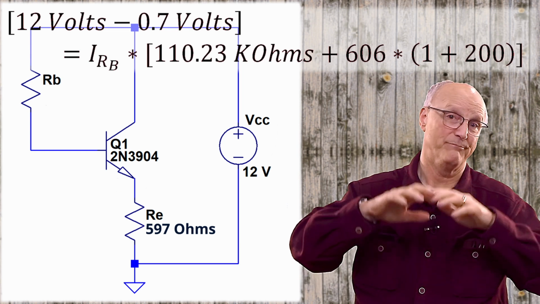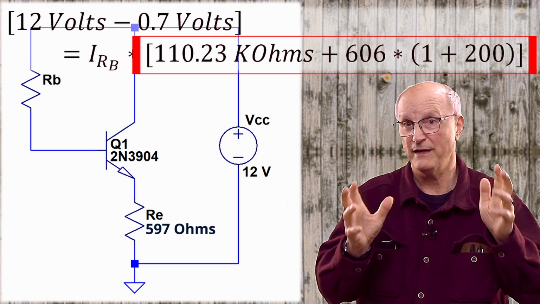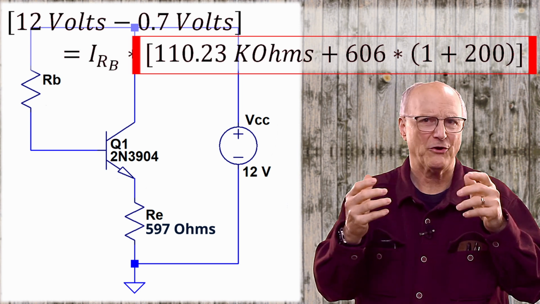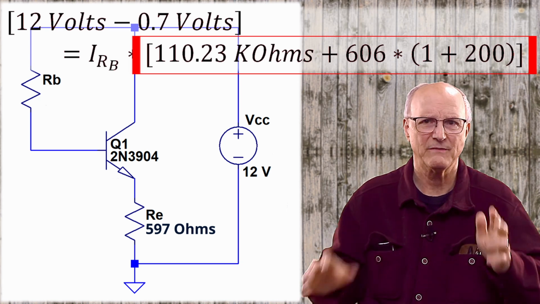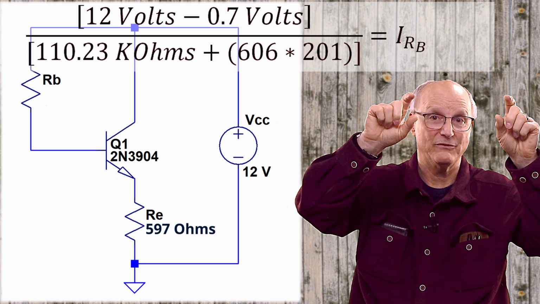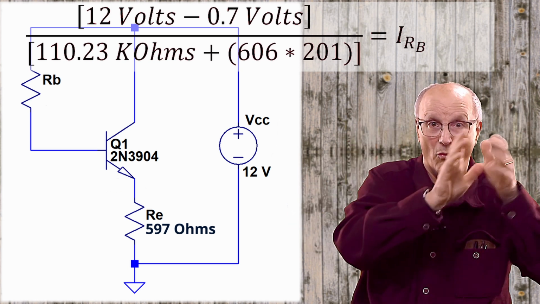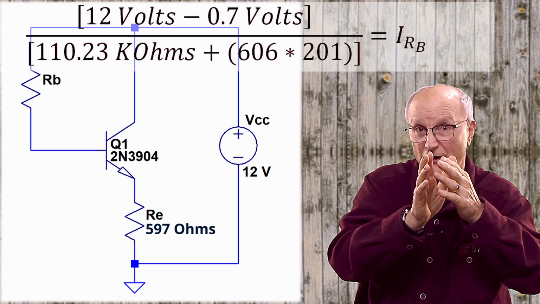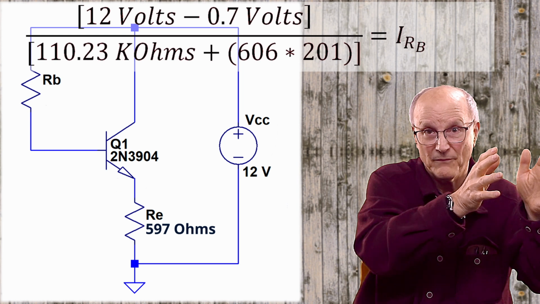Now I divide both sides by that big blob that's multiplying I sub RB, so I can get that current through the base resistor all by itself on one side of the equation. This gives me, on the top, 12 volts minus 0.7 volts. On the bottom, we have 110.23 k ohms plus 606 times 201.